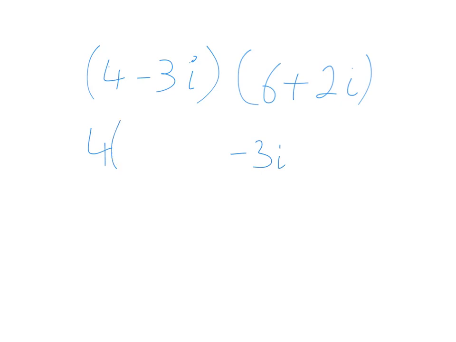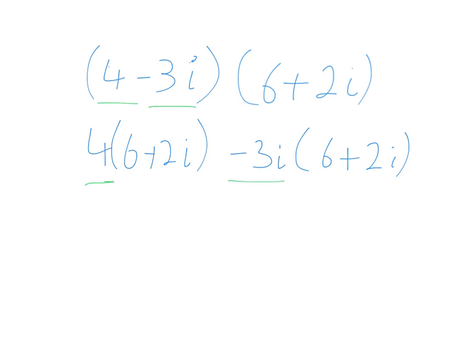We're going to multiply 4 by the second bracket, 6 plus 2i. We're going to multiply minus 3i by the second bracket, 6 plus 2i. So again, we're getting the 4 from the first bracket, we're getting the minus 3i from the first bracket, and the second bracket we're just writing it twice.